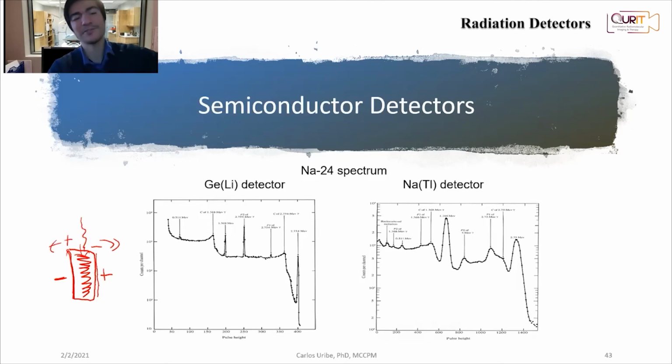We measure that current, and depending on the pulses that we get, we know the different energies. It's similar to a gas filled detector, just that in between the electrodes, instead of a gas, now you have this solid state material.